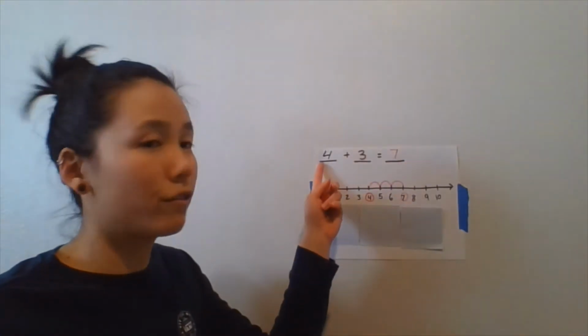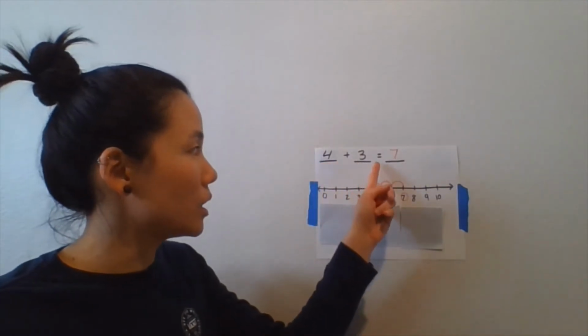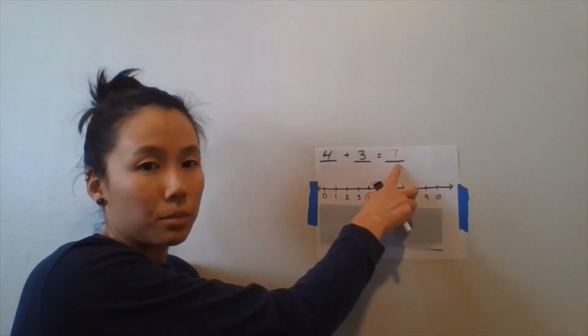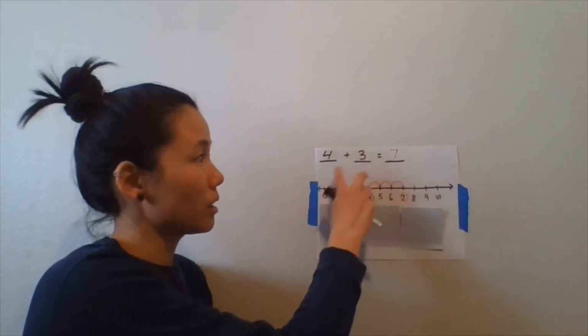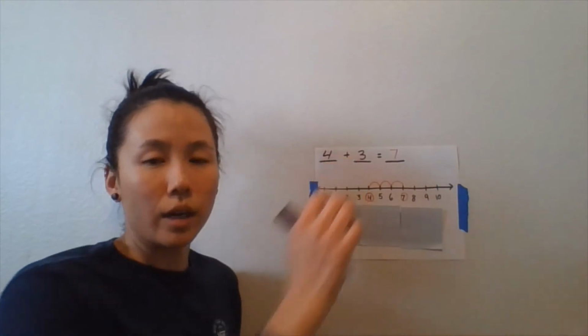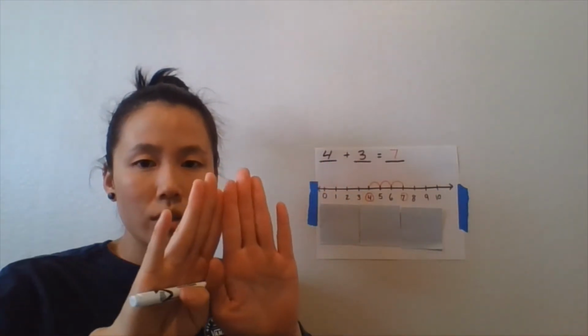So I know that 4 plus 3 equals 7. And like I said earlier, when we're doing addition, the answer to your problem needs to be bigger than the two numbers that go into it, right? Because we're putting two things together, it makes something bigger.